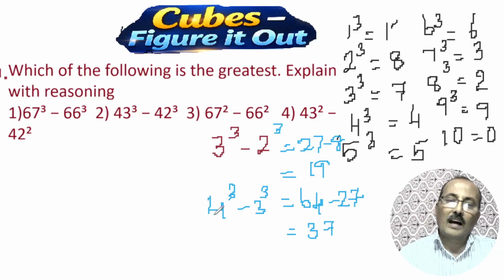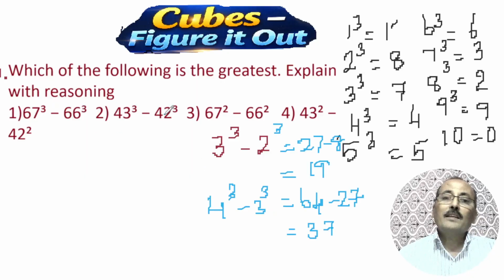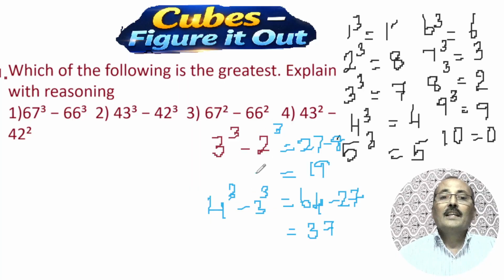Among these, the pair of larger numbers gives the largest. So here also it must be 67 cube minus 66 cube. One more thing they're asking, 67 square minus 66 square. How do we find this? Here I took two smaller numbers.